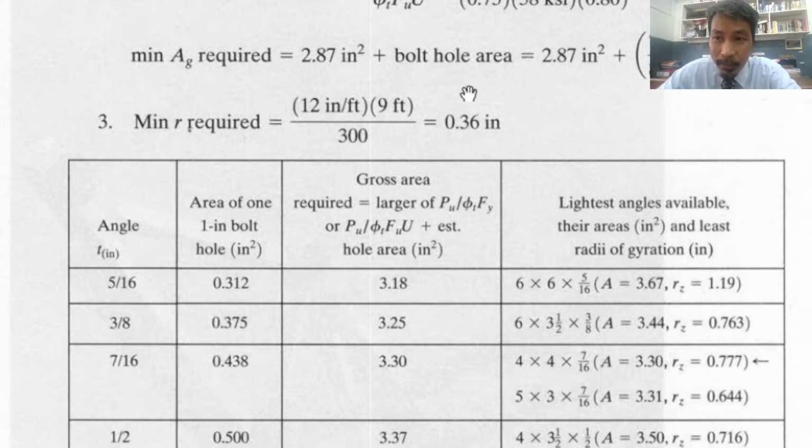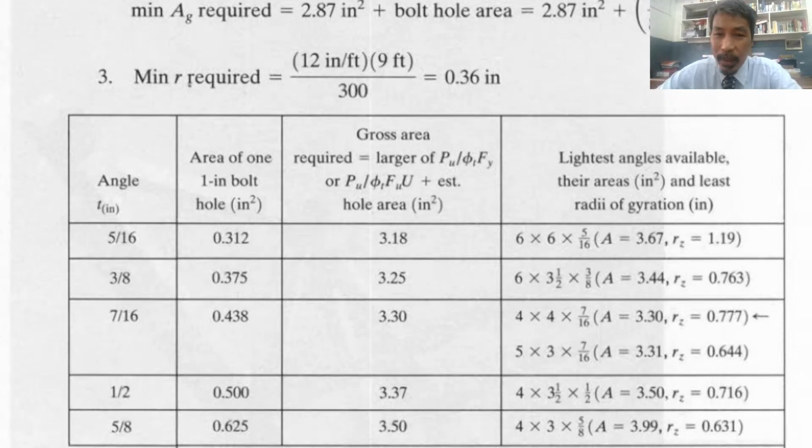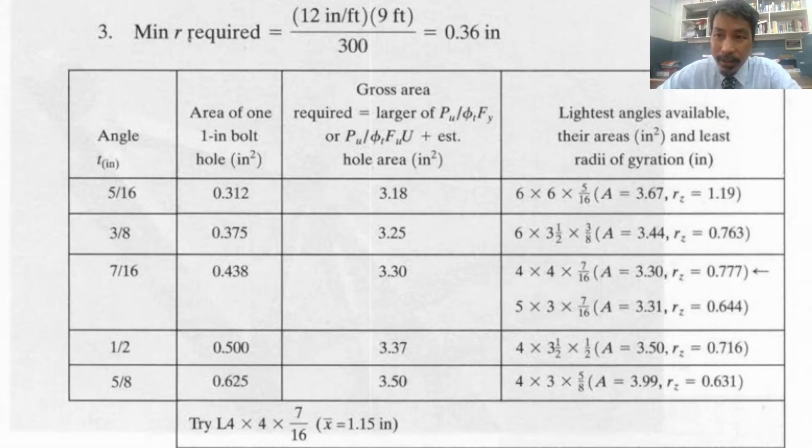Those are the types of elements that could be used to support this given combination of loads. Therefore you can find that there are several types of elements that could satisfy this minimum R. That is the only thing that would be different from chapter 3.